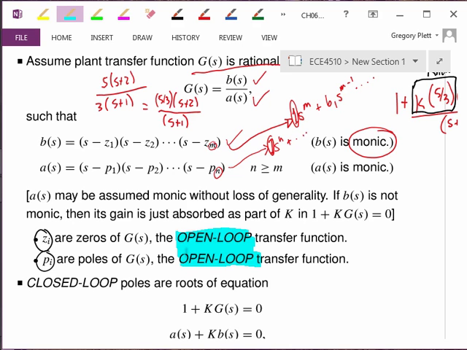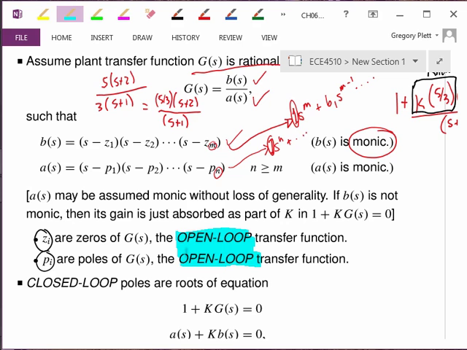So from the open loop transfer function, I inferred something about the closed loop performance. Almost everything we develop in this course is geared toward using open loop information to tell me something about closed loop performance. The big exception is the Routh test that we just did in the last chapter, where we had to actually compute the closed loop transfer function. There was no open loop shortcut for that.